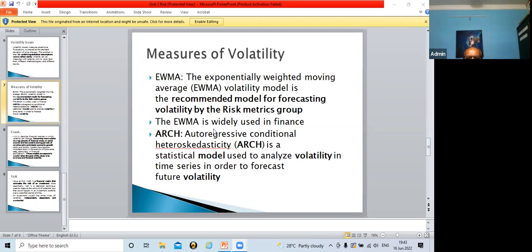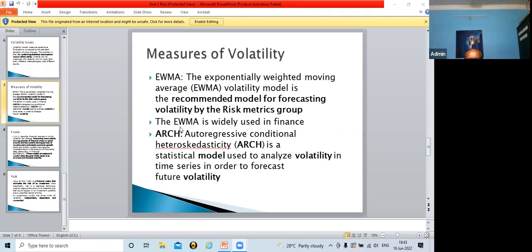So you may be asked, or they may give you options that EWMA is used in the weather department, finance department, production department, and marketing department. So the correct option you will have to select is the finance department. EWMA is widely used in finance. Even others are also using it, but remember this one, widely it is used in finance.